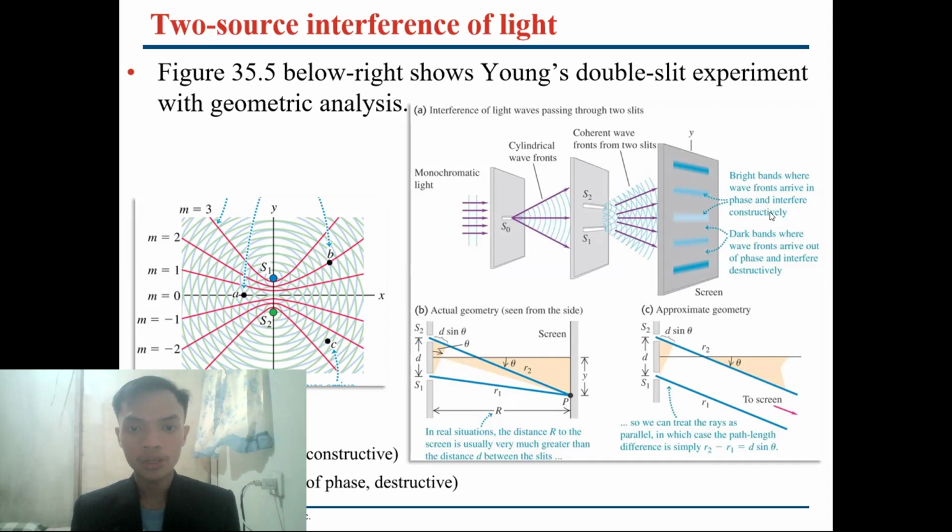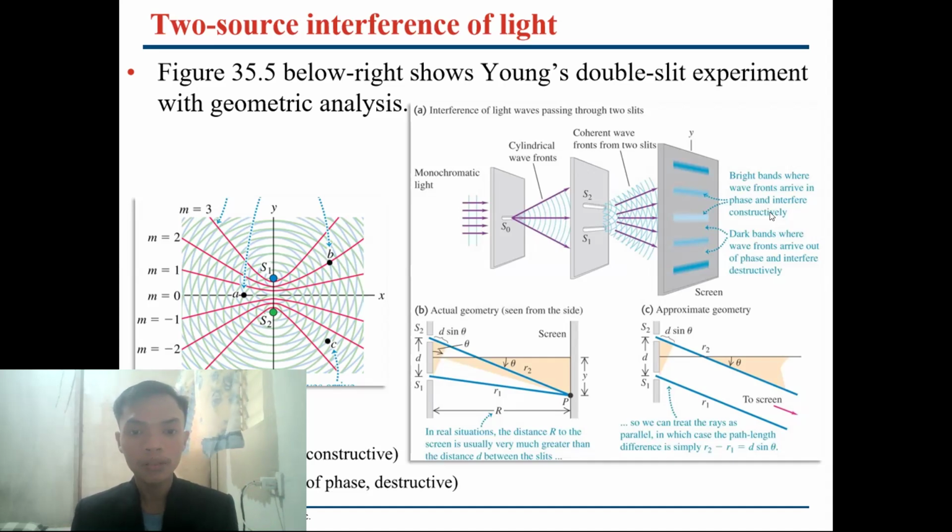Letter B shows the actual geometry as seen from the side. In the interference of light waves, the bright bands are where wavefronts arrive in phase and interfere constructively.